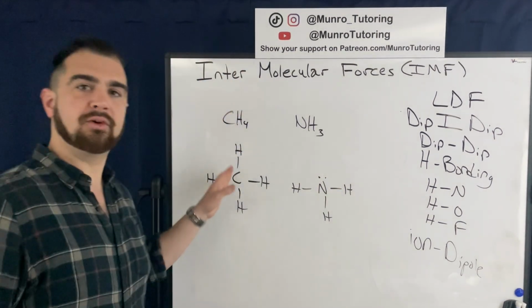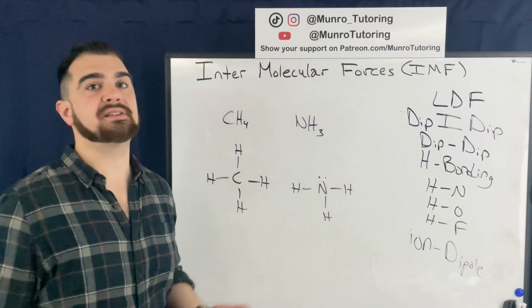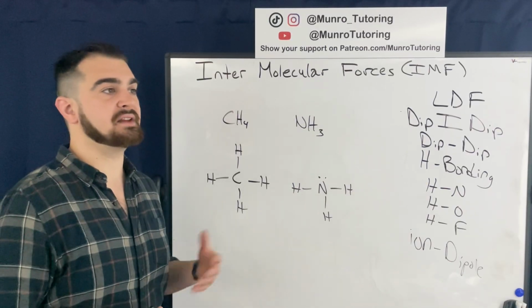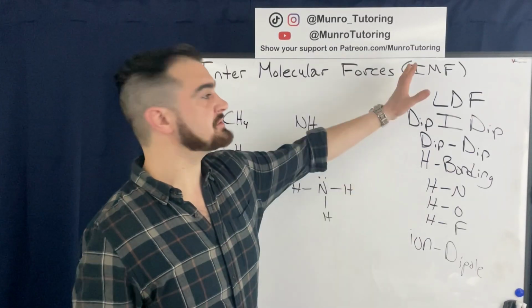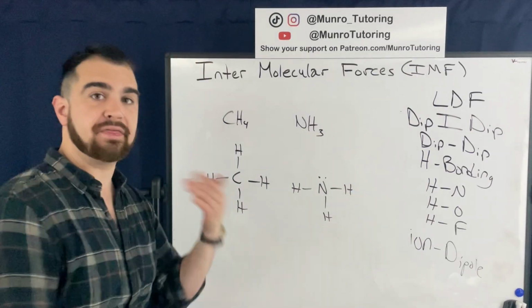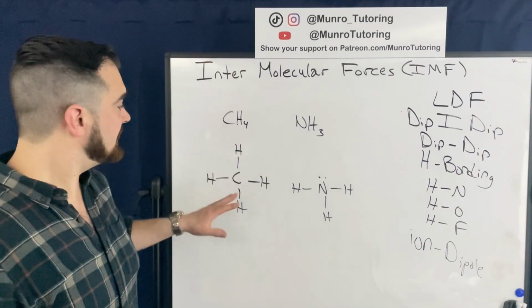So methane with methane, this is nonpolar, right? So you do have to be able to tell, is it polar, is it nonpolar? And then after that, you have to figure out what type of intermolecular attractions it can have within its own substance, right? So methane with methane, it's nonpolar.